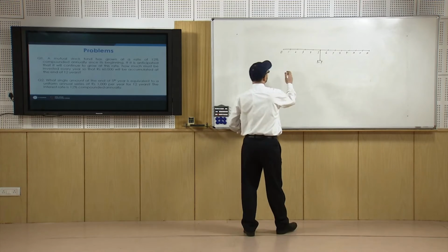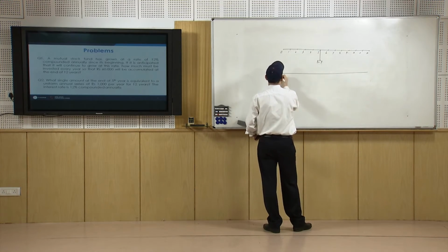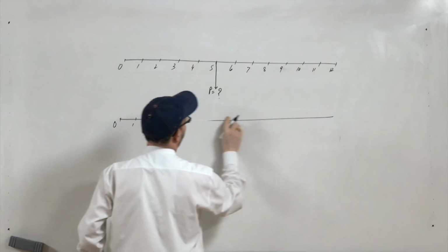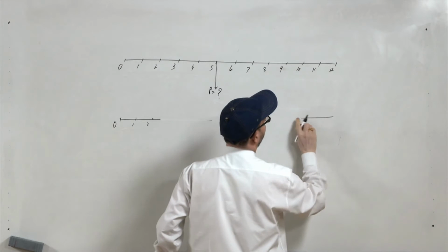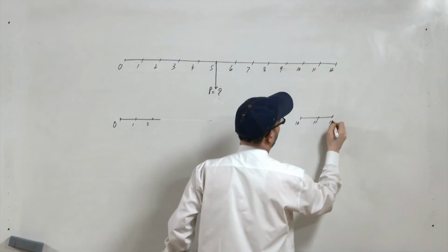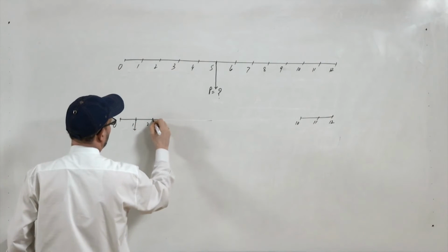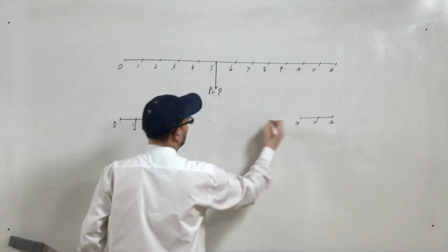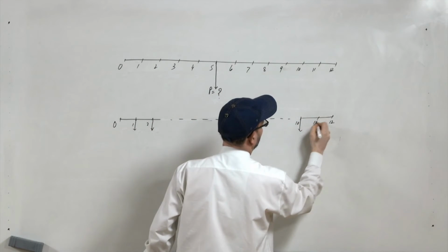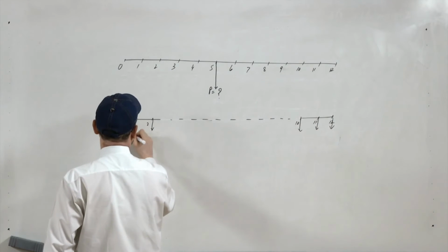Now, the equivalent cash flow diagram is as shown, and you are given A as 1000 rupees.